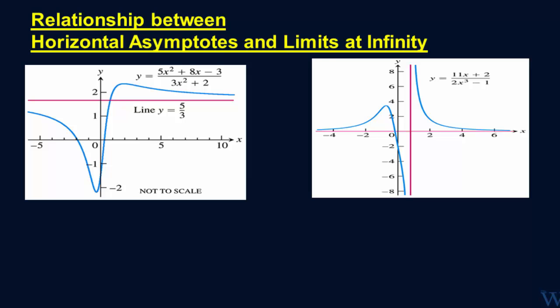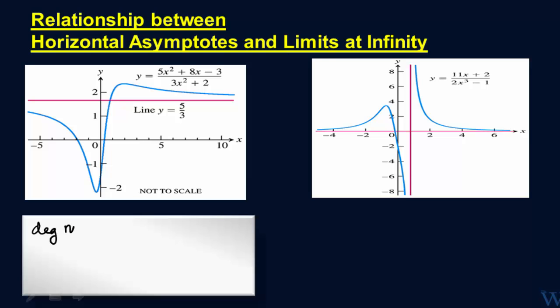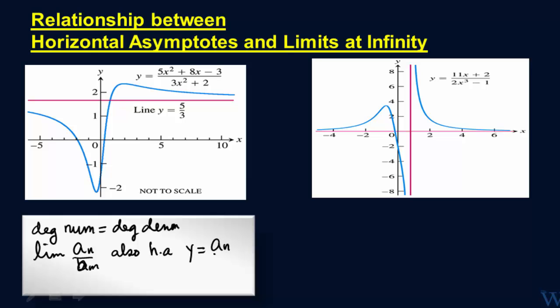It happens when the degree of the numerator is equal to the degree of the denominator. Of course, the limit would be the ratio of the leading coefficients, let's call it a sub n over b sub m, which is also the horizontal asymptote y is equal to a sub n over b sub m.